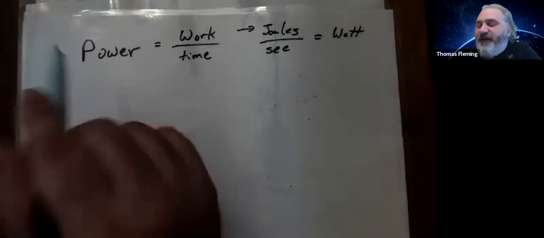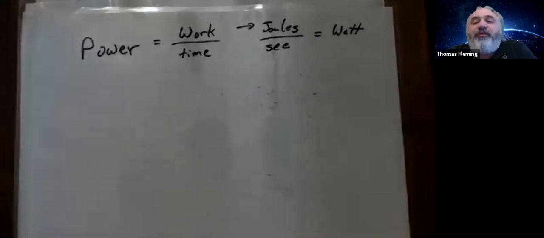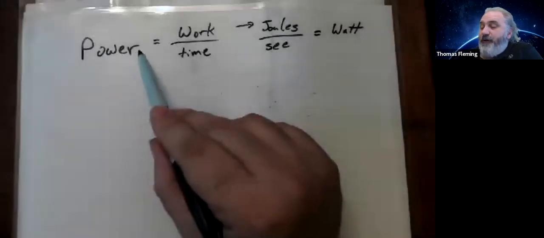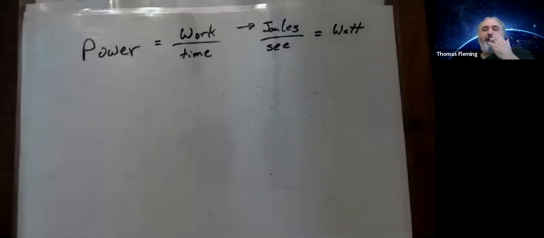Now, to see how I'm going to connect power to the idea of electric current, it helps to think about units. Remember, power is measured in joules per second. When I think about electrical circuits, the two things that I tend to think about most frequently are the electric potential, or volts, and the electric current, or amps.